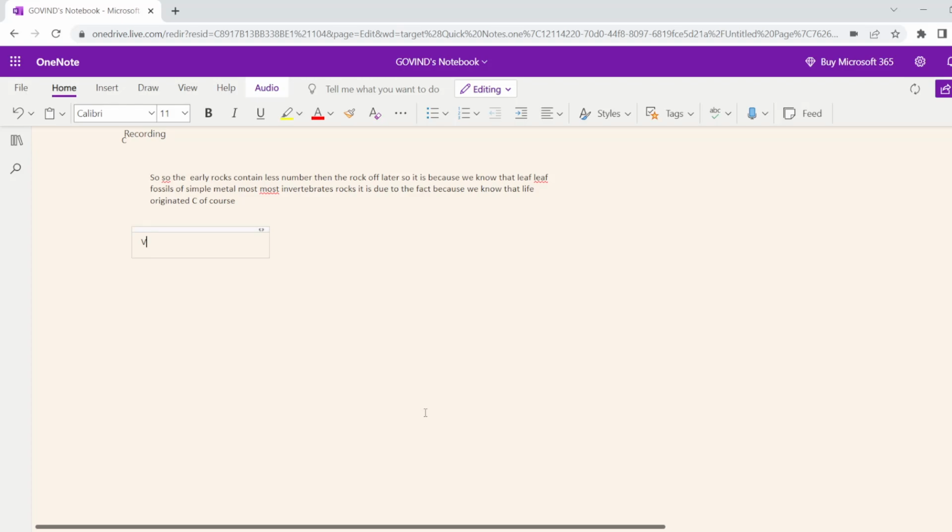So we have understood this point now, that the early rocks contain less number of fossils because life originated in the water. Now, let us try to understand the distribution of fossils in the successive strata. Strata means the different layers of the earth. We know that early fossils are present in bottom rocks.